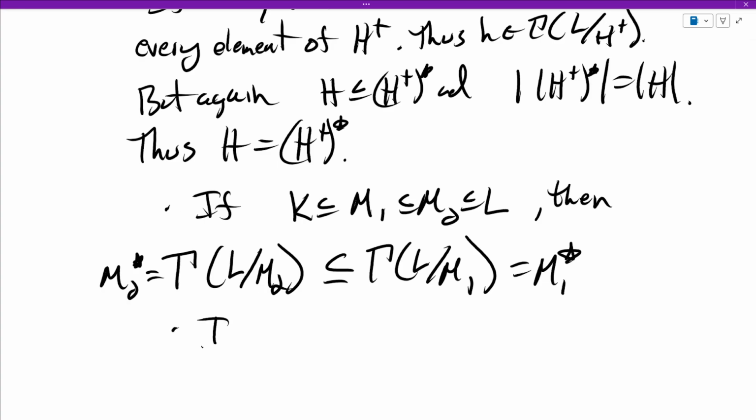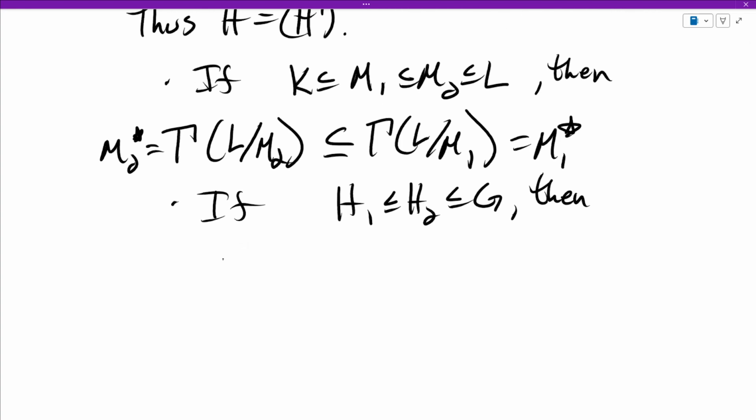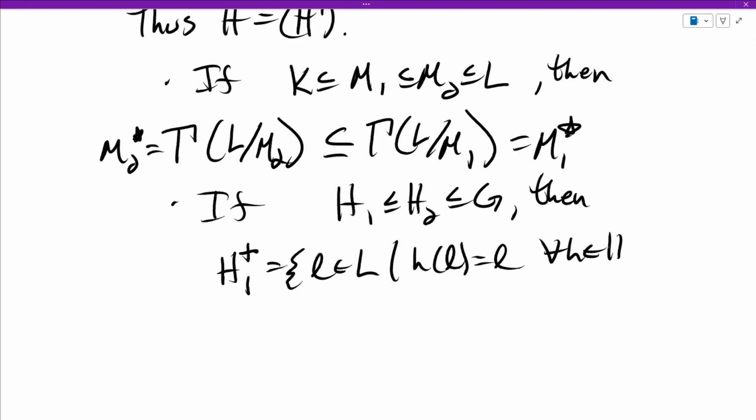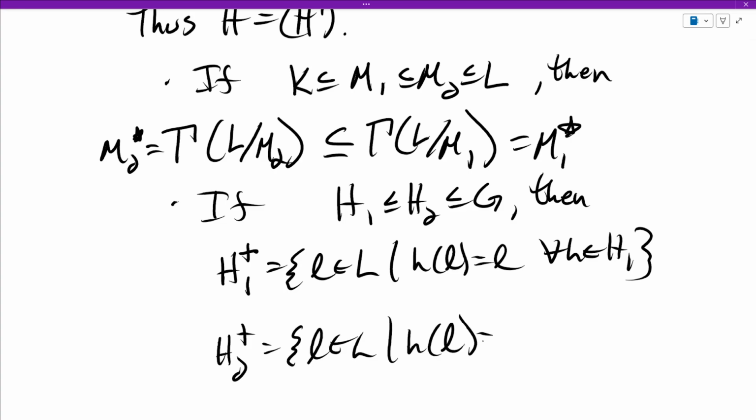And similarly, if H1 is contained in H2, which is contained in G, then consider the fields that correspond to H1 and H2. H1 dagger is the collection of all l in L such that h(l) = l for all h in H1, and H2 dagger is the collection of all l in L such that h(l) = l for all h in H2.